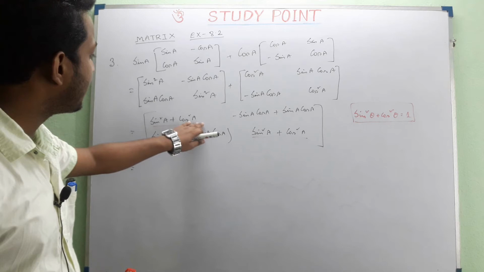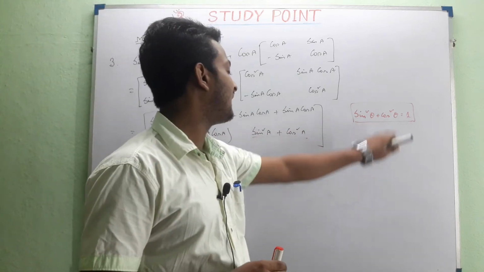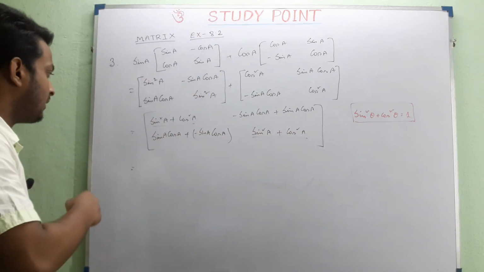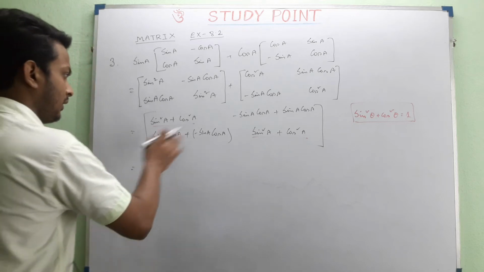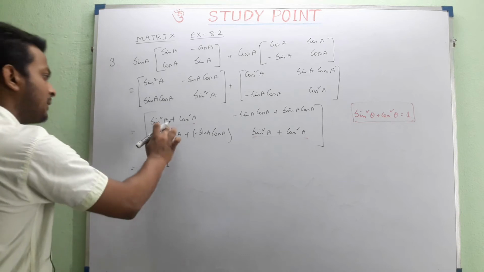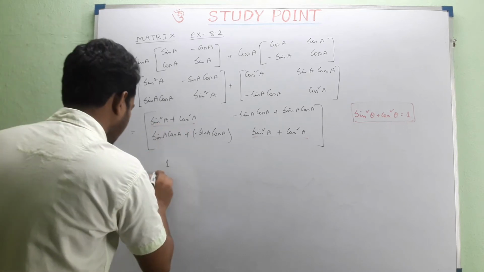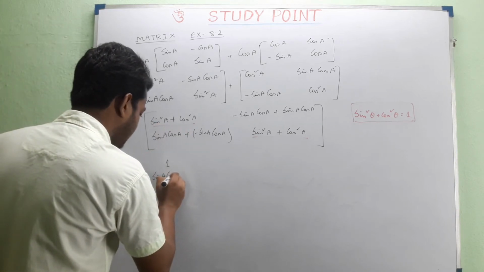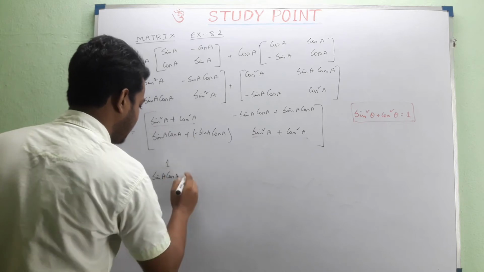Here the angle is denoted by A, and in the general format the angle is denoted by theta, nothing else, but both formulas are the same. So instead of sin square A plus cos square A, you can write 1. Now let's remove the bracket after multiplication of the sign.